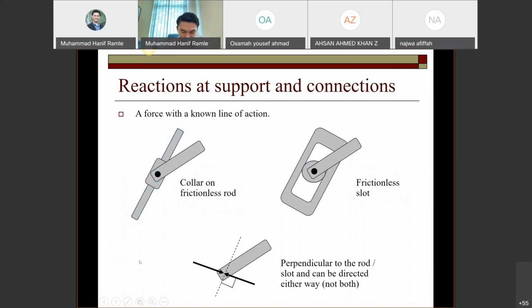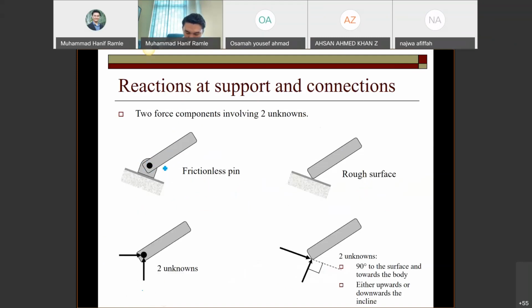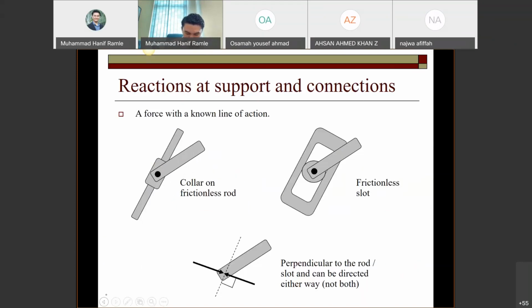If you find this system, we can know that this system also has 4 possibilities of movement. This is the 4 possibilities.